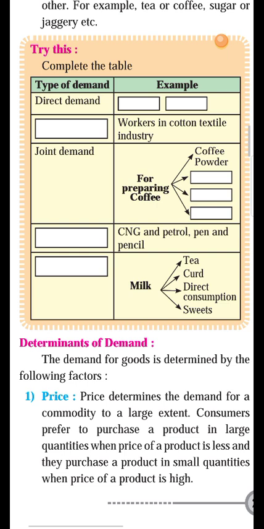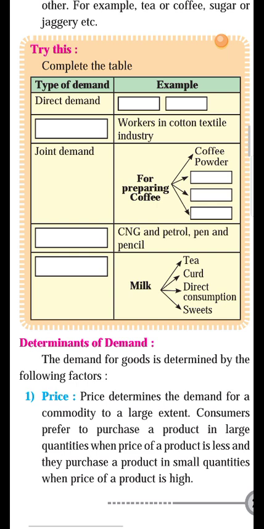Last, number 5, composite demand. The fifth type of demand is composite demand. And what is the example of composite demand? One commodity has multiple uses. In the explanation we have seen the example is electricity, but here it is given milk. So milk also has many uses.